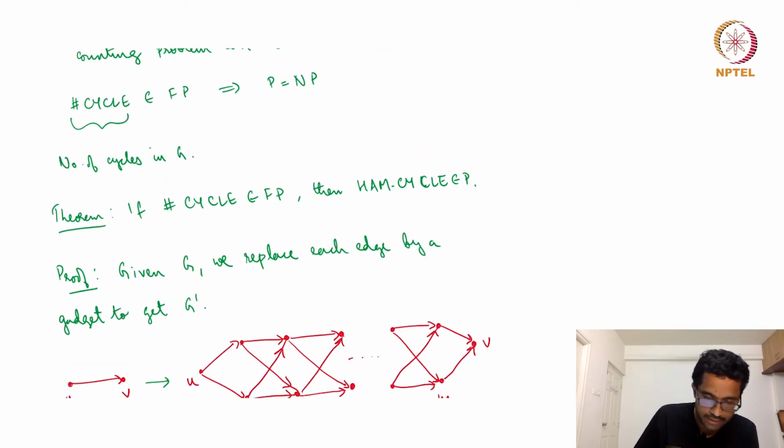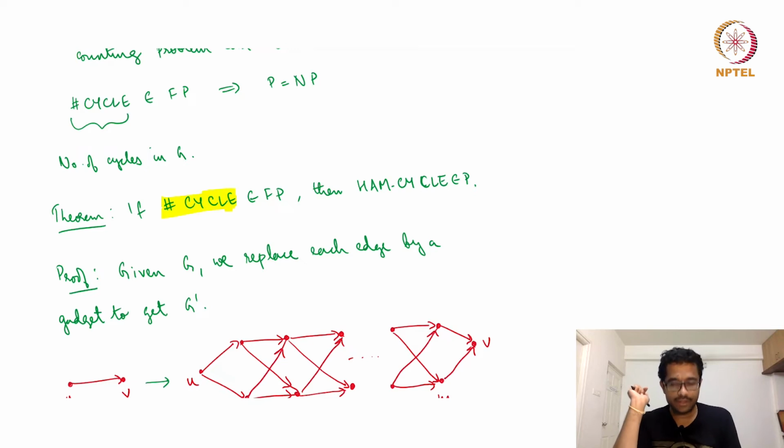So let's see why this is the case. The formal statement is, I am using sharp cycle to denote the problem of counting the number of cycles in the graph. These are labeled cycles, so each cycle is counted separately.